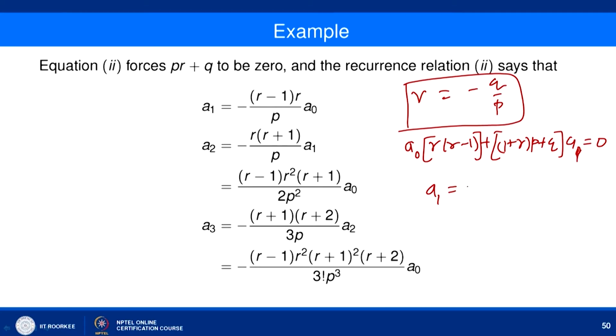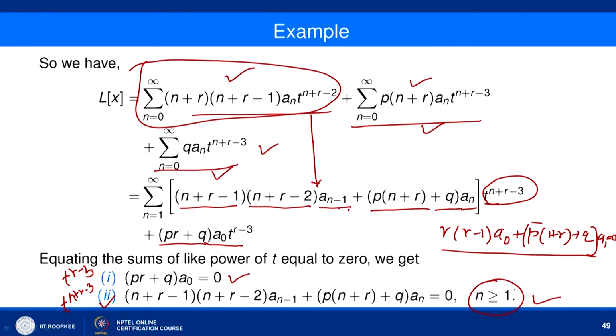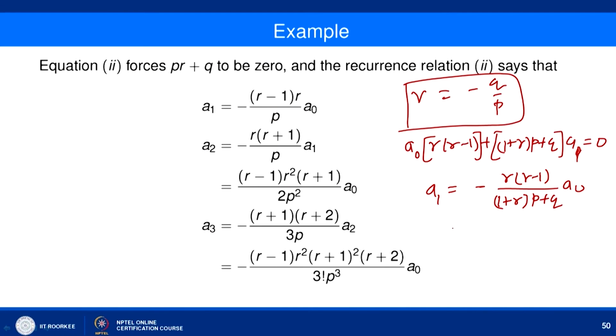So, a1 is equal to minus r into r minus 1 a naught divided by this quantity 1 plus r p plus q, that we have already seen. Now, let us use that value of r as minus q by p.